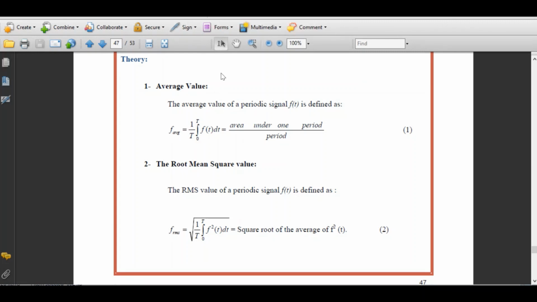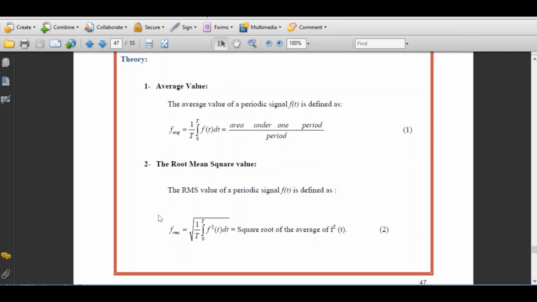And the root mean square value, as the name indicates, means you take the square of the waveform and then the mean of that square, which is the integral over the period divided by the period, and then the square root.